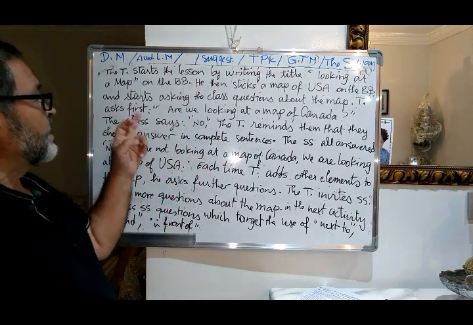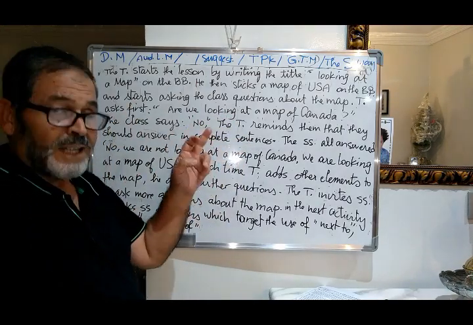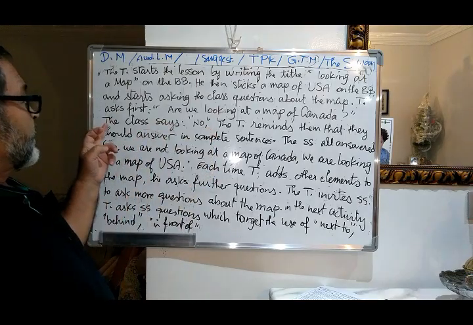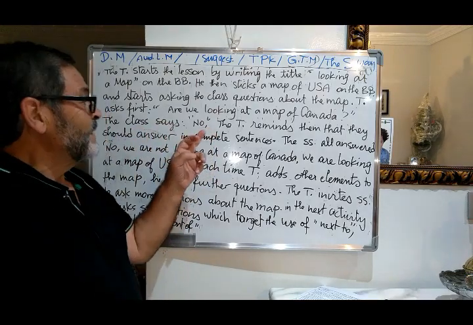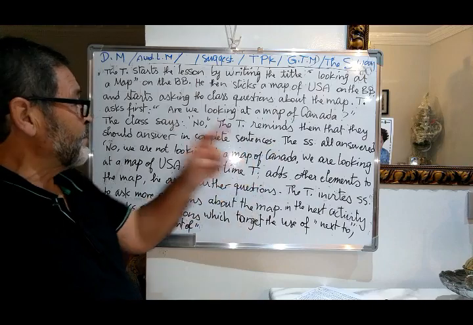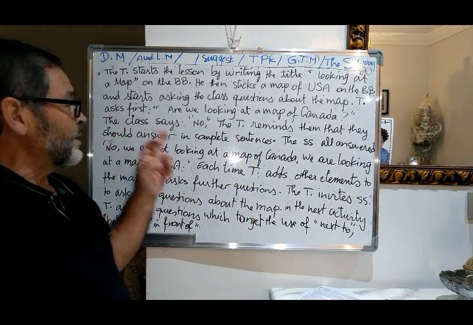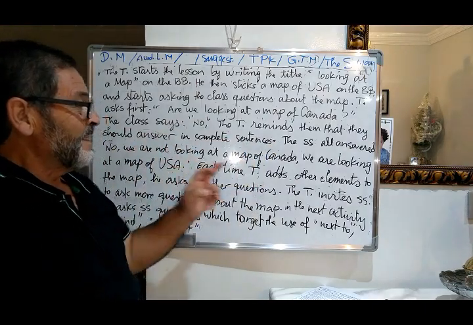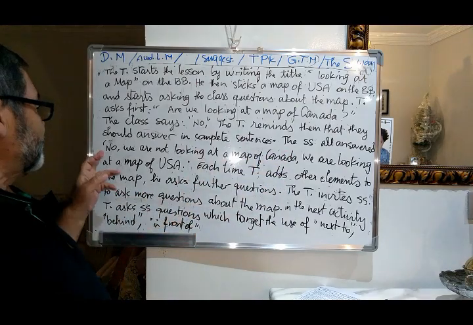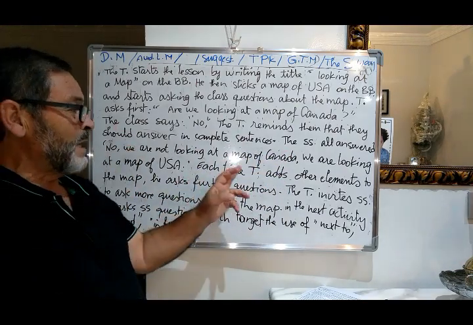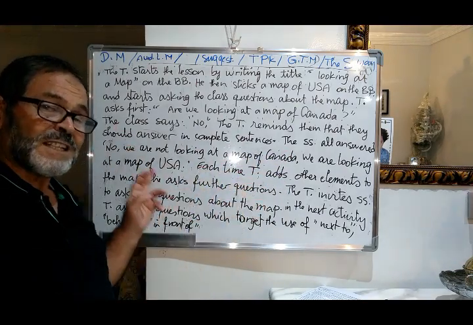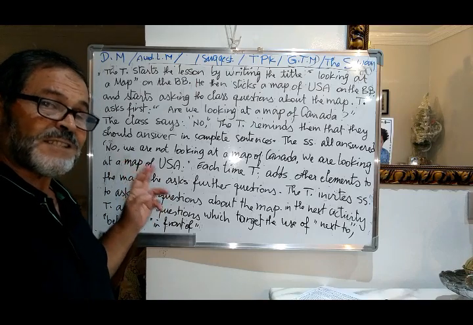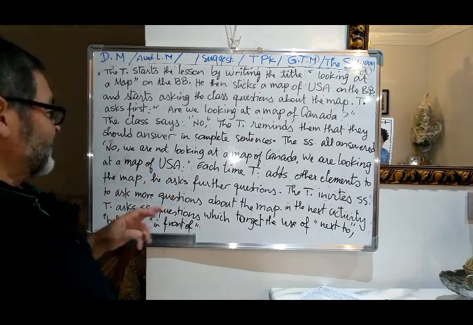Teacher asks first, "Are we looking at a map of Canada?" The class says no. The teacher reminds them that they should answer in complete sentences. The students all answered, "No, we are not looking at a map of Canada. We are looking at a map of United States of America or USA."